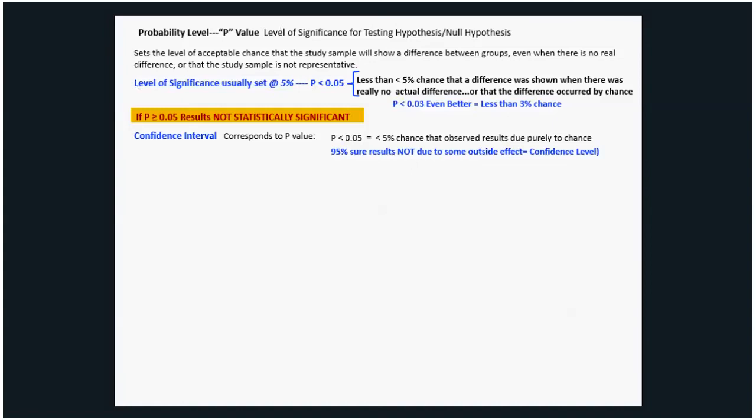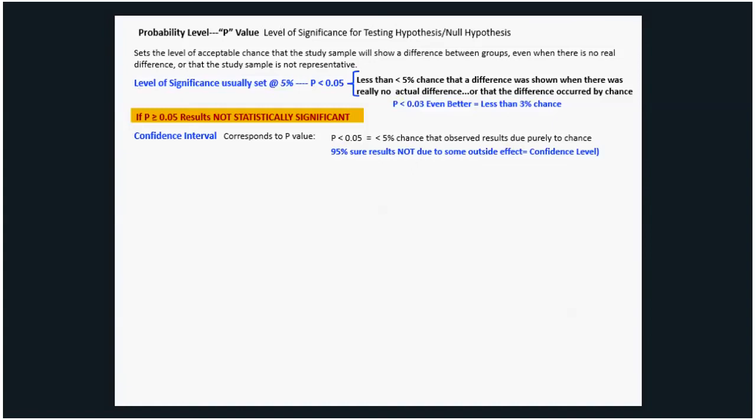All right, we had stopped with our first lecture presentation at this point, the probability levels, where we had talked about when you're talking about a probability level, you're really talking about the level of significance for testing your hypothesis or your null hypothesis, whichever one you decided to go with.